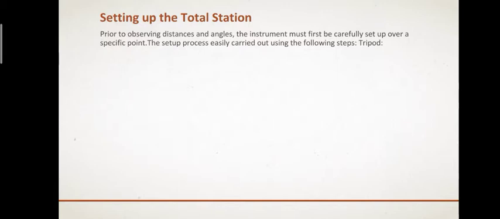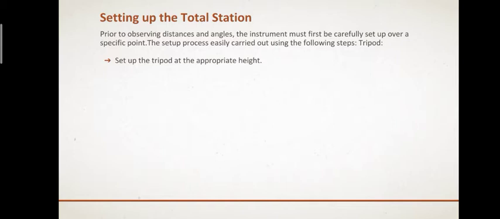Prior to observing the distances and the angle, the instrument must first be carefully set up over a specific point. The setup process is easily carried out using the following steps. First, the tripod. First thing, you have to set up a tripod. Tripod is the three legs that you have seen, right?